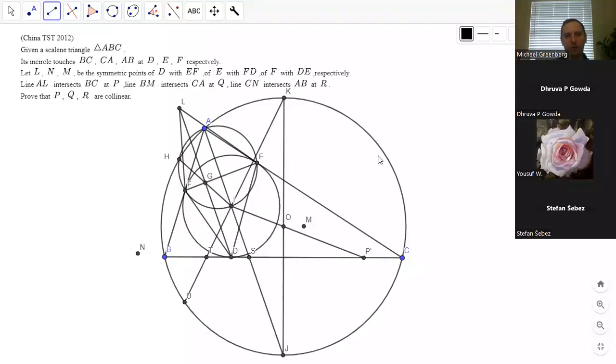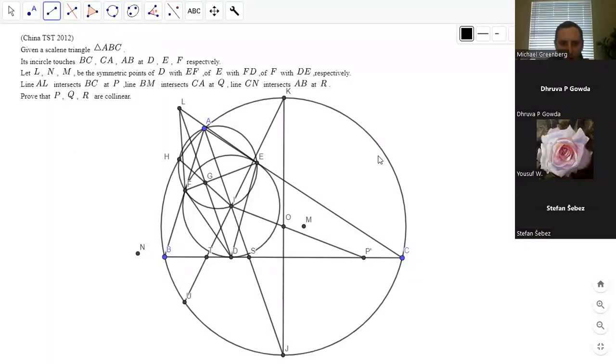Okay, and then we could project through A. So by this projection, you have that T, S, D, P prime are harmonic. So you project those four through A onto the line DG.